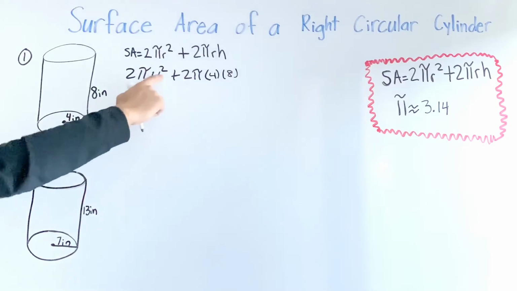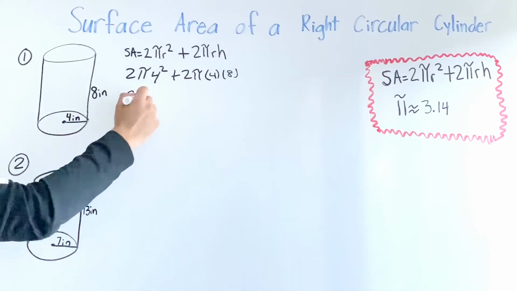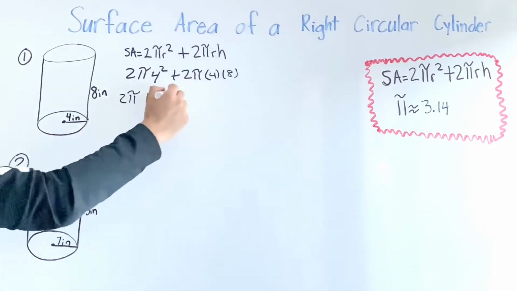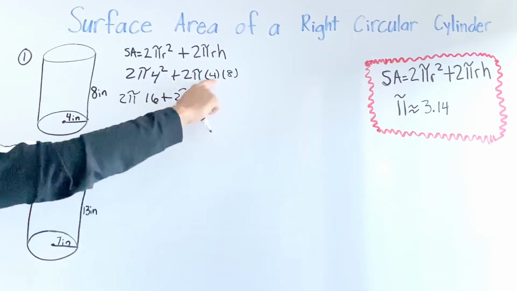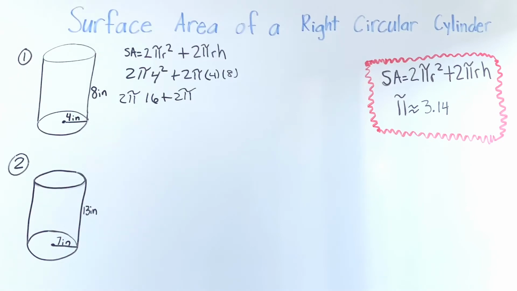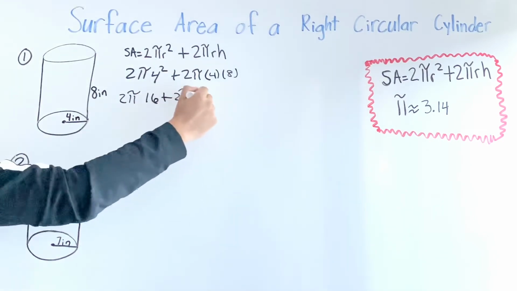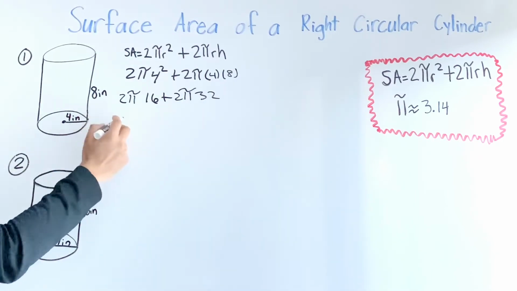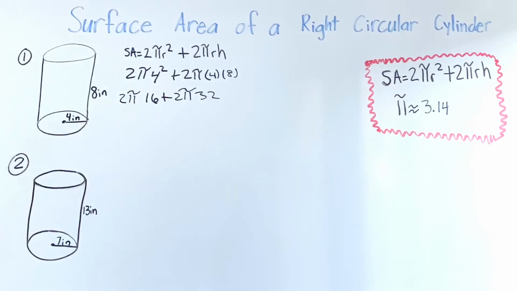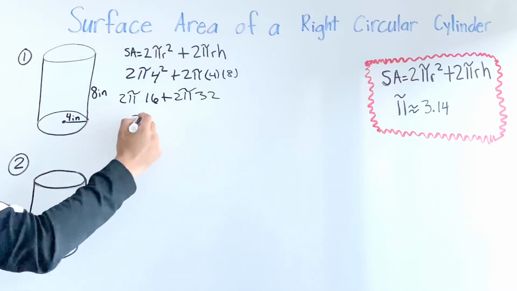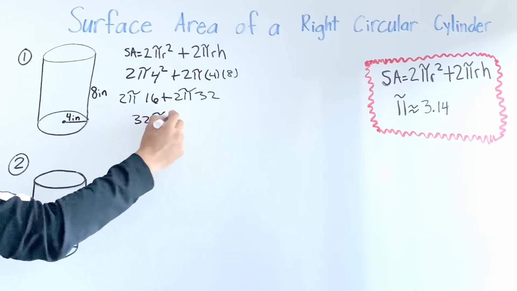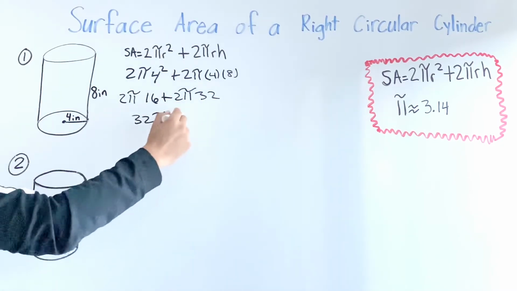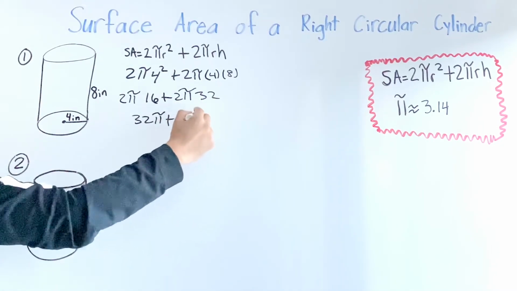So 4 squared is going to be 16, plus 2 pi, and 4 times 8 is going to be 32. And then I'm just going to multiply 16 times 2, which is going to be 32 pi, plus 32 times 2, which is going to give me 64 pi.